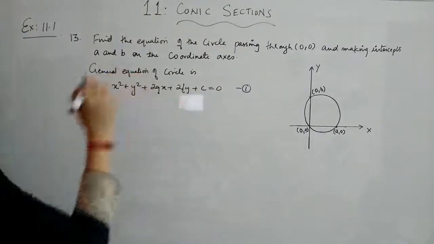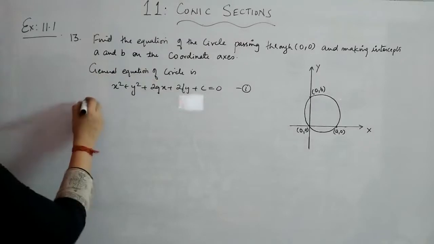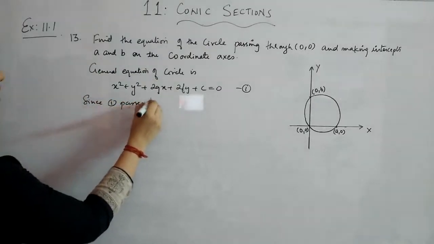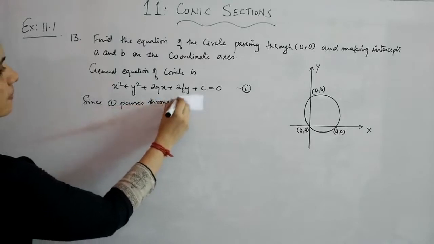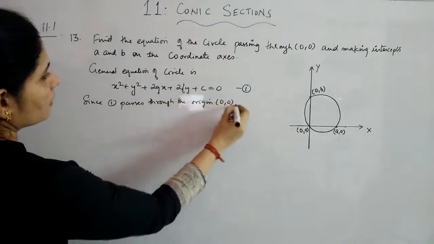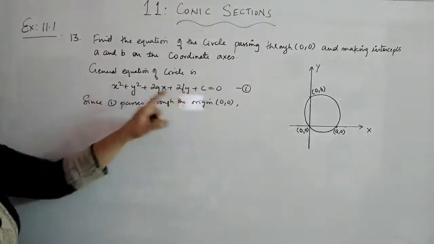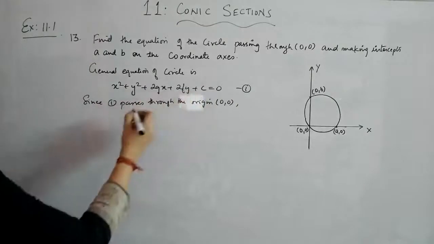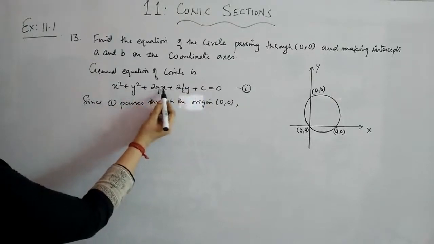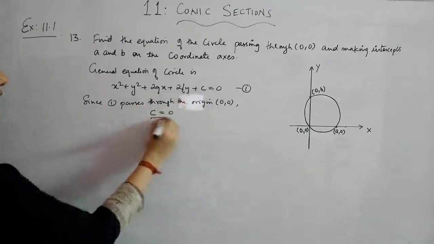Okay, so the first thing which they have given us is that it passes through the origin 0, 0. So since equation 1 passes through the origin, we can replace x and y with 0 in order to get one of the unknowns. So you'll get 0 plus 2g into 0 plus 2f into 0 plus c, so you'll get c equal to 0, one thing.